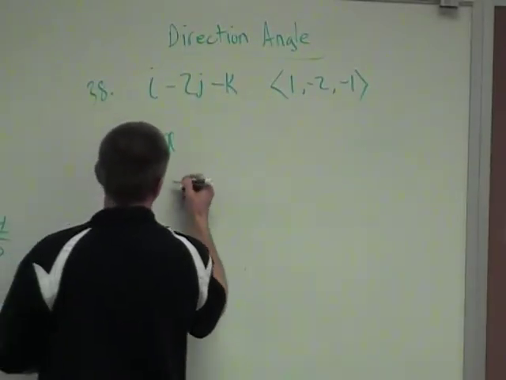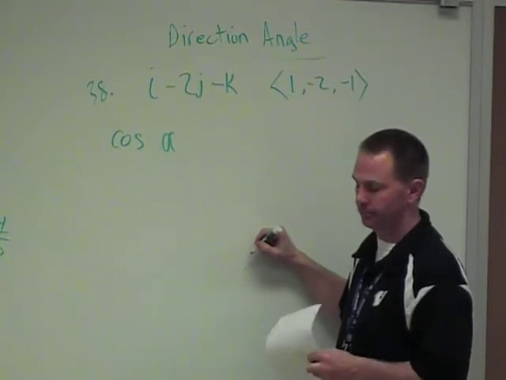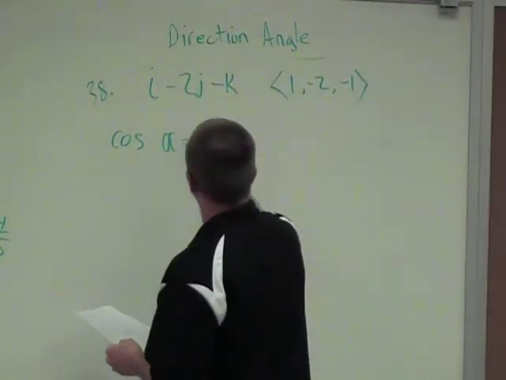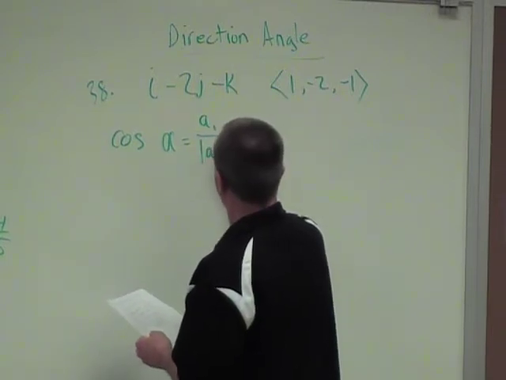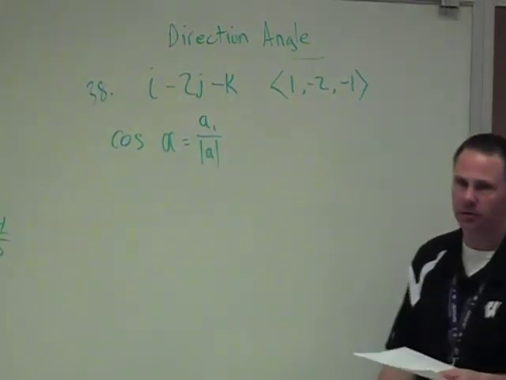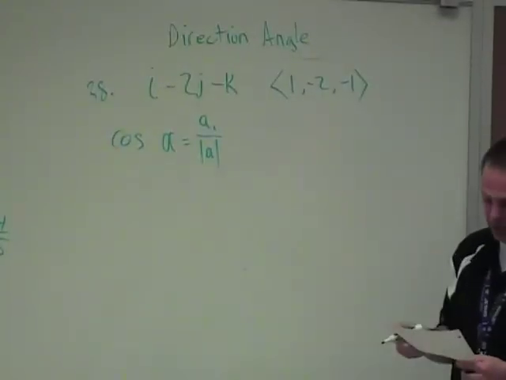Finding direction angles is this. The cosine of alpha equals the first entry over the magnitude of that vector. So we'll just do this and I'll show you the other two things that we need.